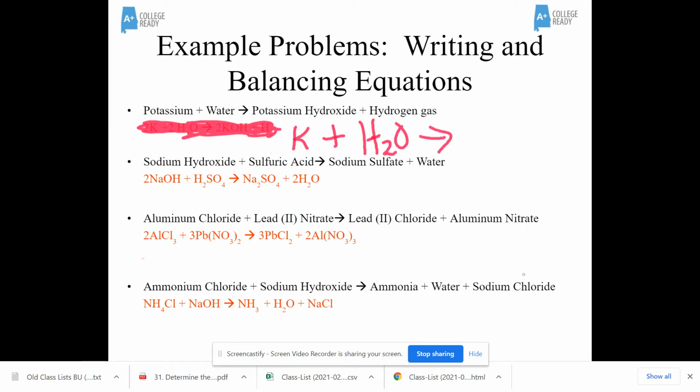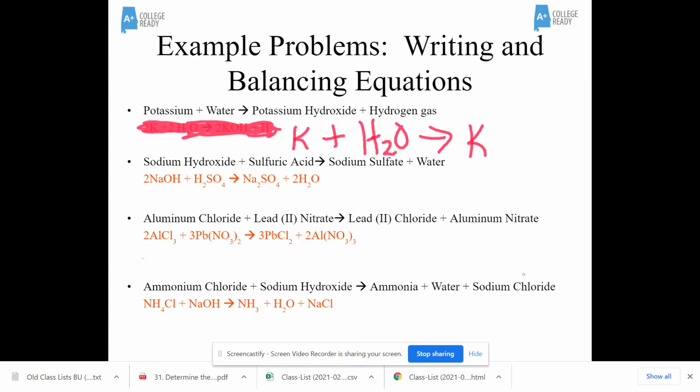And I'm going to make potassium hydroxide. Well, what in the world? What's the formula for potassium hydroxide? Potassium is K, so we start there. What's hydroxide? One of those polyatomic ions we were supposed to memorize.